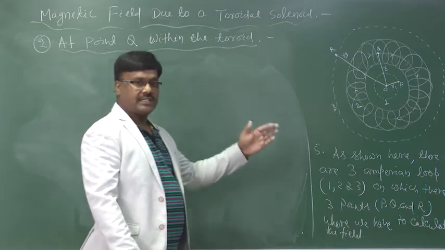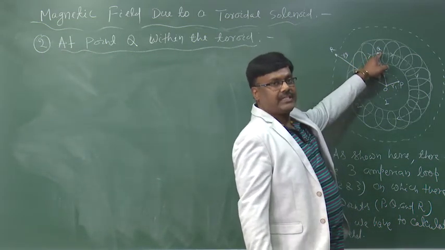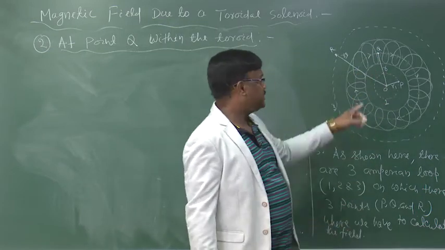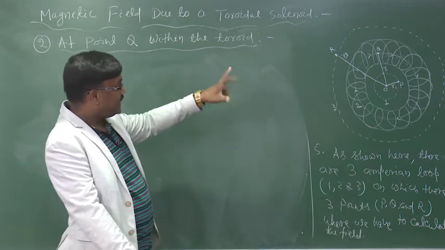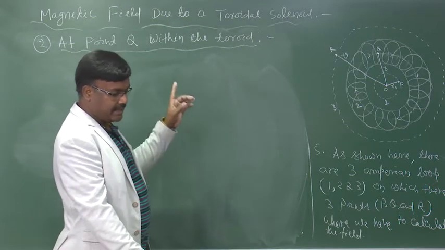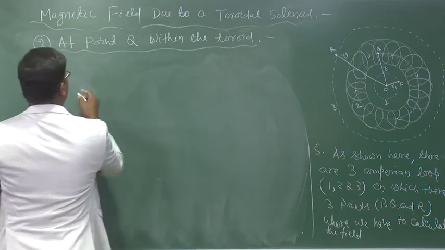Now, let us calculate the magnitude of the magnetic field strength at the point Q, which is at a distance of r from the center, and that point Q lies inside the toroid. In this case, we can apply Ampere's circuital law.